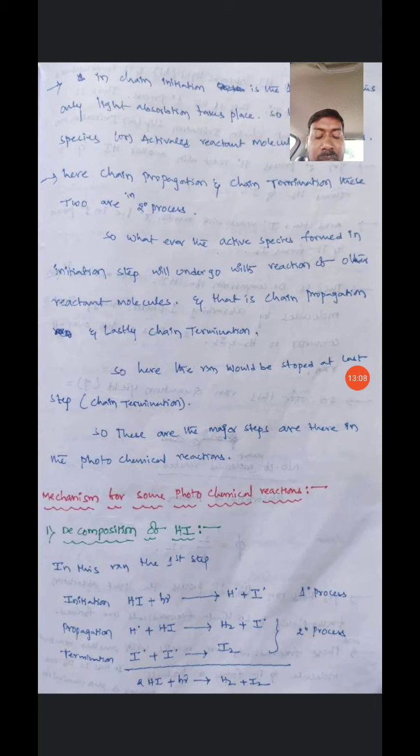In the third step, the termination step, the iodine radical reacts with another iodine radical and forms I2. The propagation and termination steps are the secondary process.